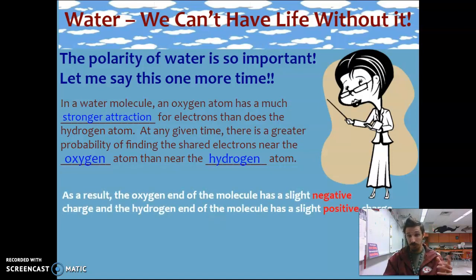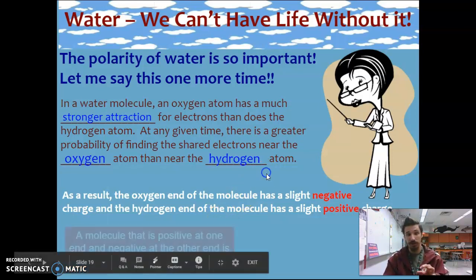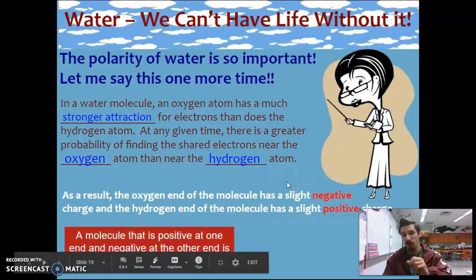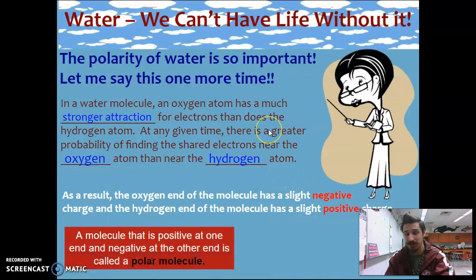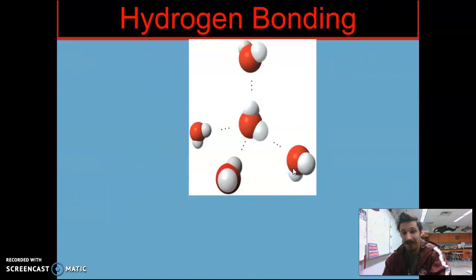So as a result, we know that oxygen gets that slight negative and hydrogen gets that slight positive, and that generates our polarity within the molecule, but that gives water so many special properties, some of which we're going to get to see in class here. And again, remember, a polar molecule is simply generated by the unequal sharing of electrons.